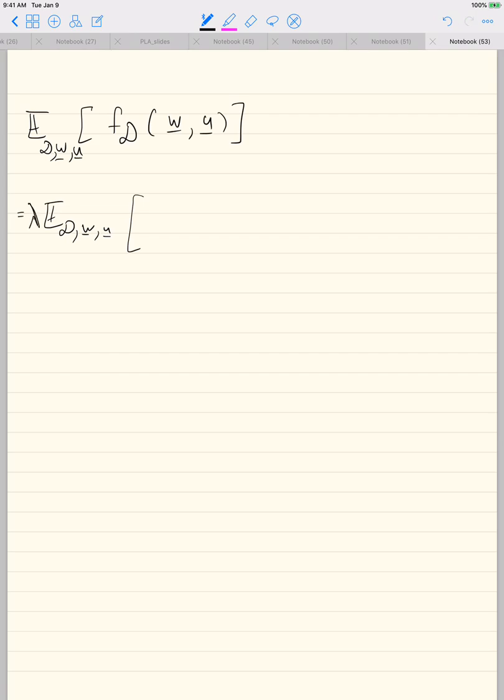It's not too important. Then I have 1 over n summation of i going from 1 to n, L of w and z_{J_i}, minus 1 over n summation of i going from 1 to n, L of w and z_{J bar of i}.